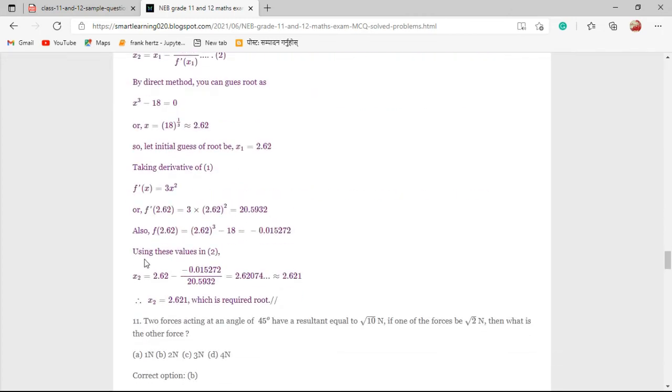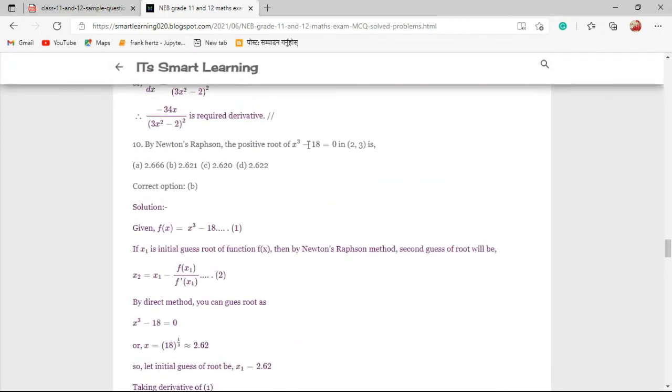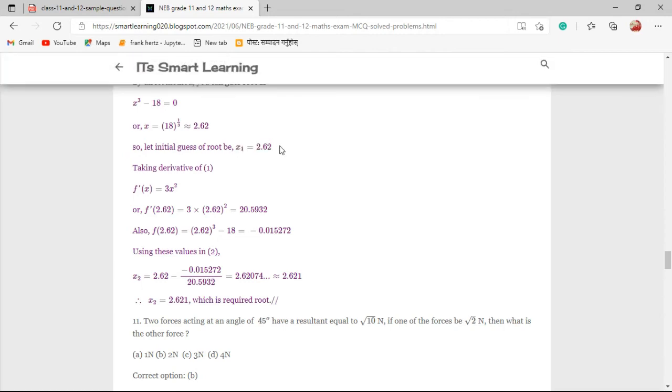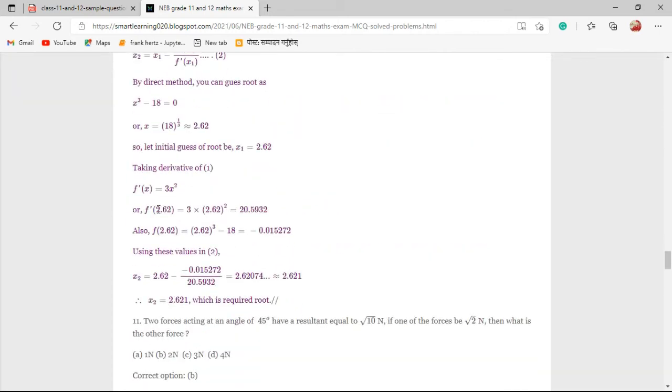You can also guess the value of x by using your calculator, if a calculator is allowed. By using the calculator I found x1 is equal to nearly 2.62 from this equation, and I used this value as the first guess. Then I found the derivative of f(x) and its value at this point, and also used the value of x1 in the function directly to find f(x) and f prime(x).